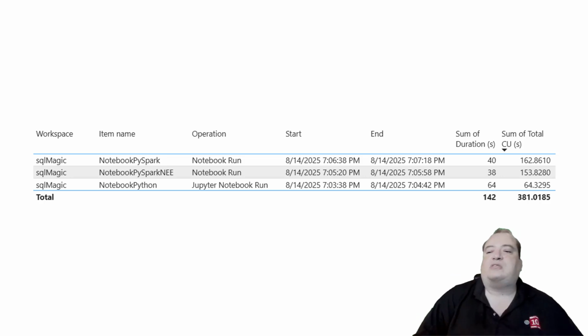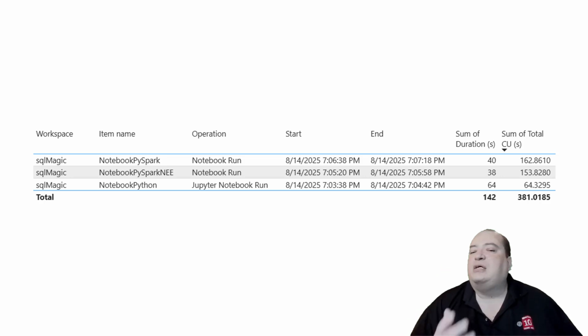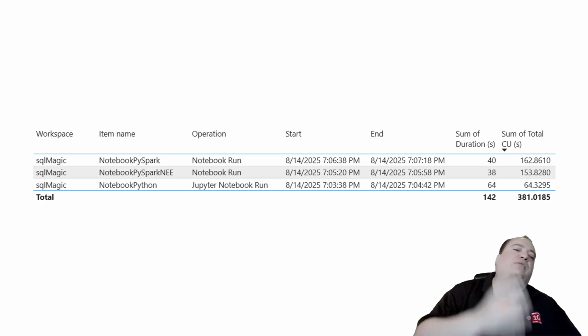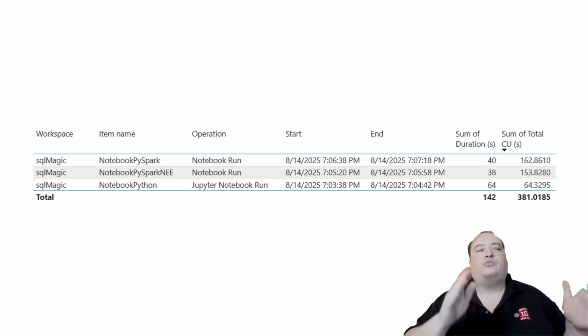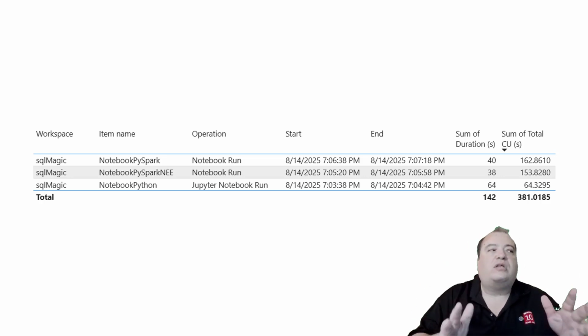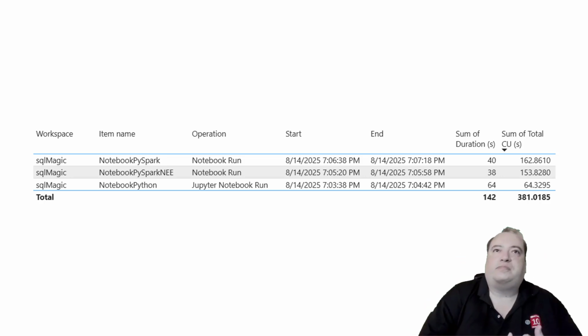Using native execution engine, it goes down to 153 CUs. But if I'm using a Python notebook, it goes to 64, less than half. So we can go from 0 to 162 depending on the operations we want to execute.